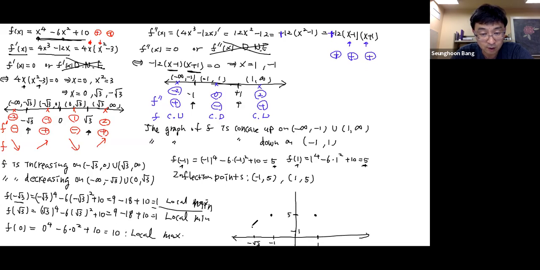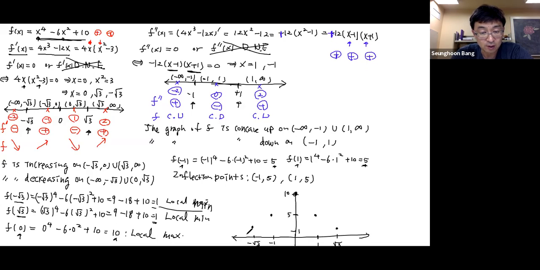So we have this point. And we have the positive root 3 and 1, the local minimum. Then we have the local maximum at 0 and 10, x component 0, y component 10.